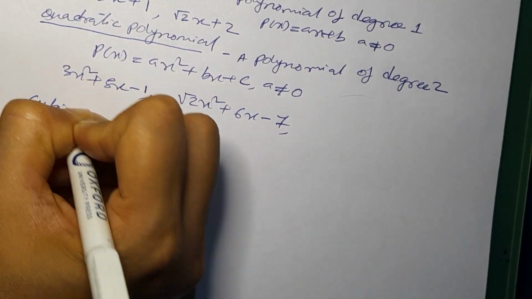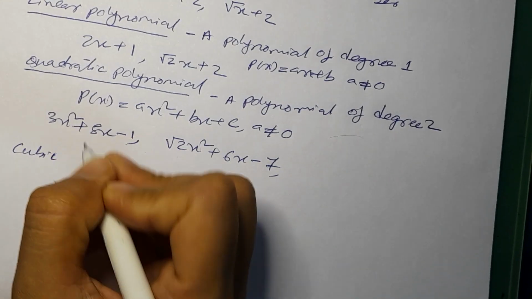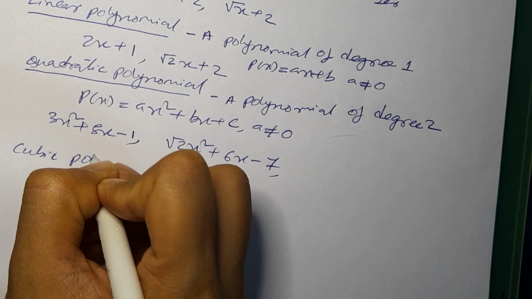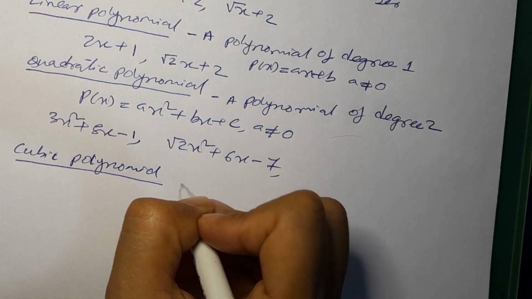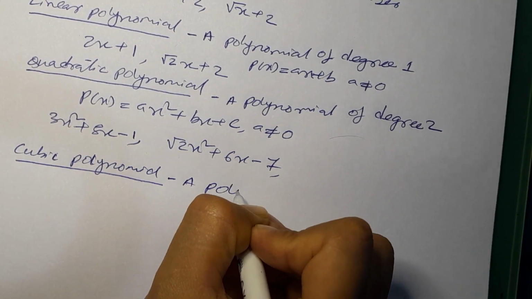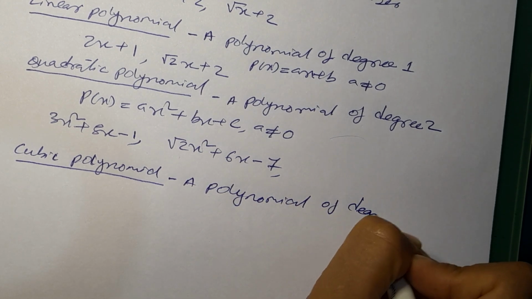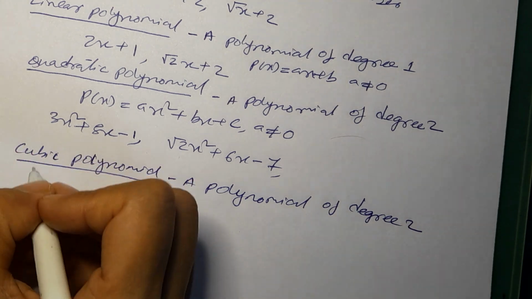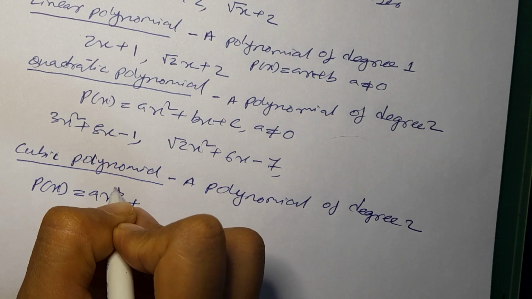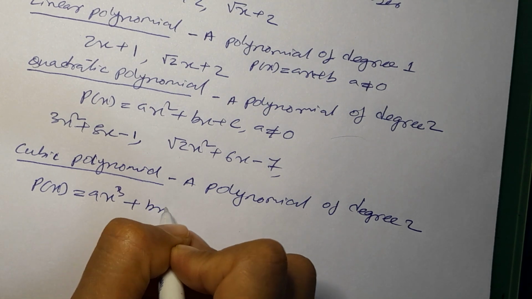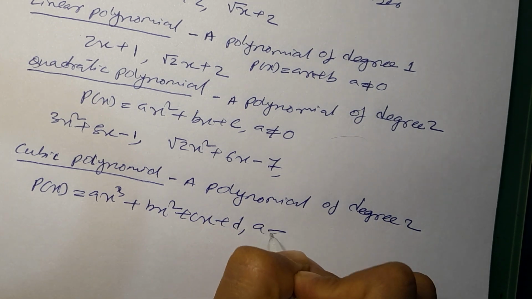Cubic polynomial. A polynomial of degree 3, whose general form is p of x is equal to a x cube plus b x square plus c x plus d, comma a cannot be 0.